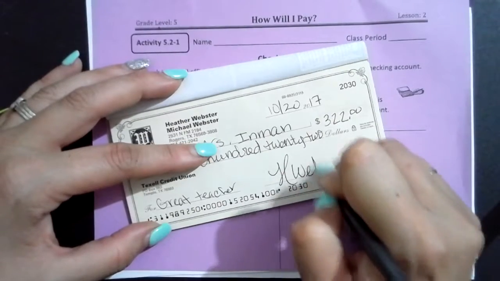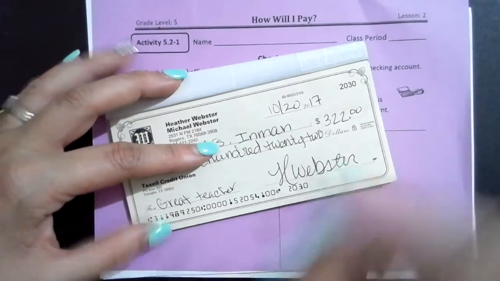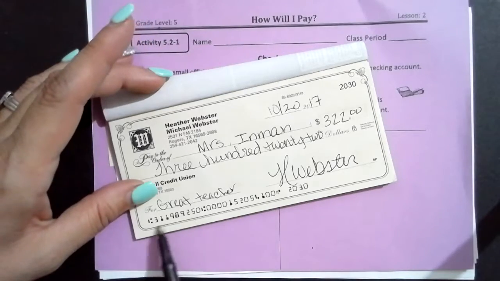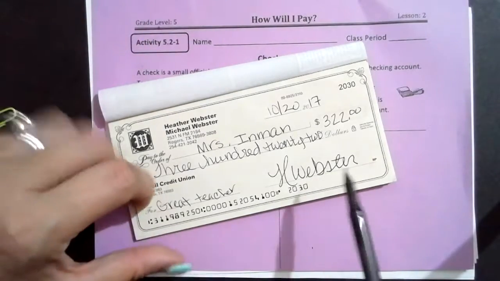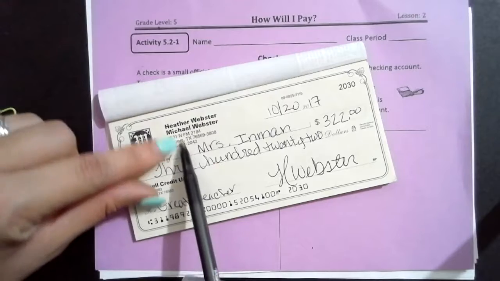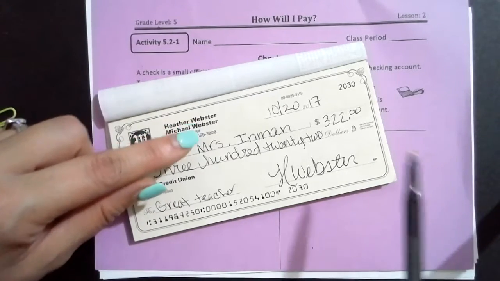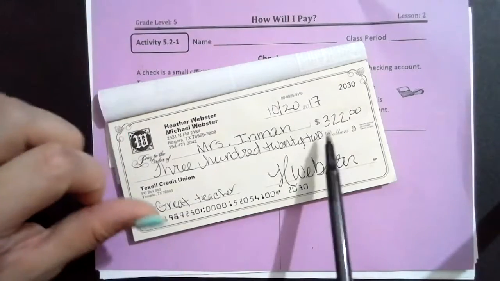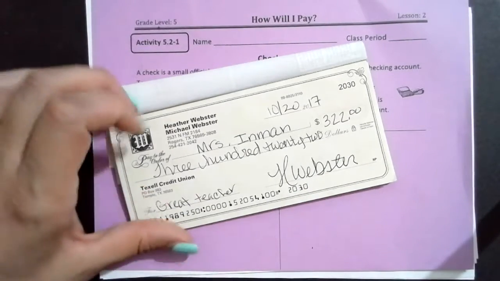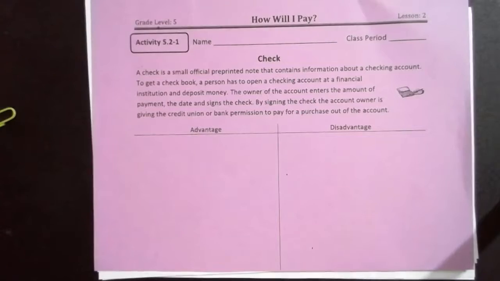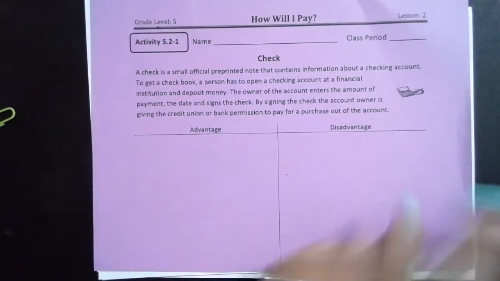Heather H. Webster is how I sign my checks. And this is my account number all on the bottom here. So Miss Inman, I'm going to give this check to her. It has my address on it. She's going to take it to her bank, and she's going to cash it, and then they're going to give her $322. Okay? So that makes a little more sense as we are looking through this.